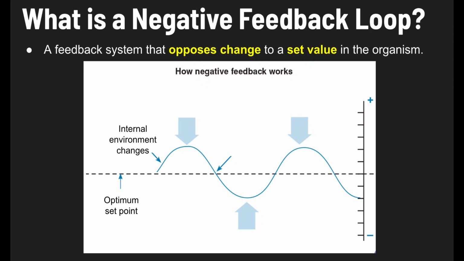And then the internal environment changes. A corrective mechanism is then activated to try and restore the body to its set point. And once that mechanism is activated, the body ends up returning to the set point.